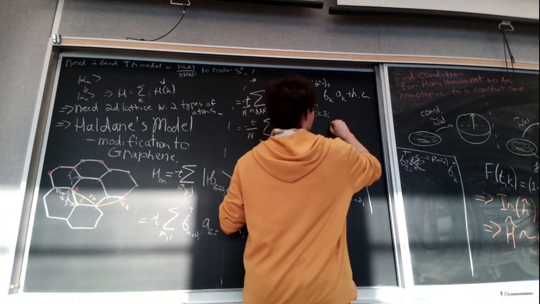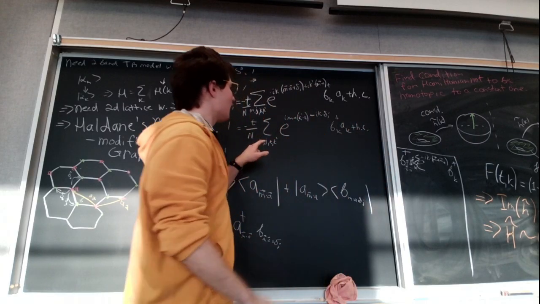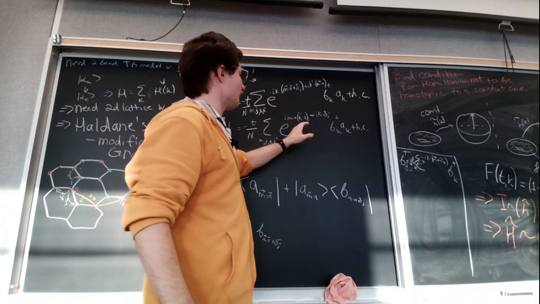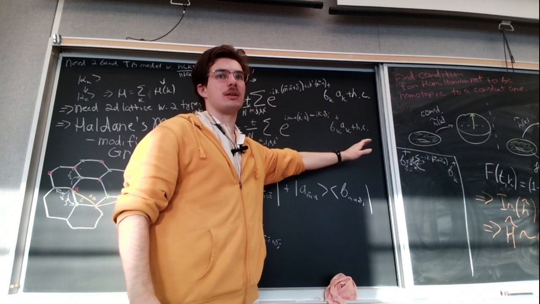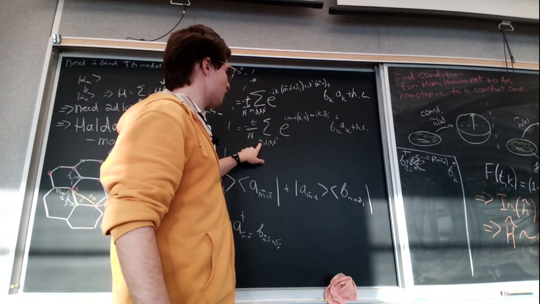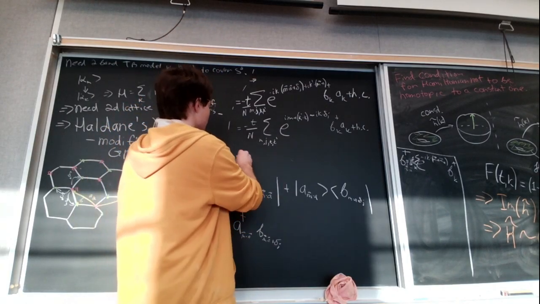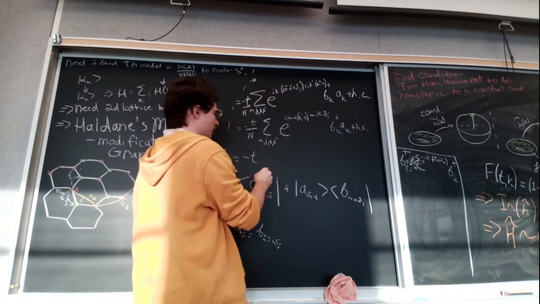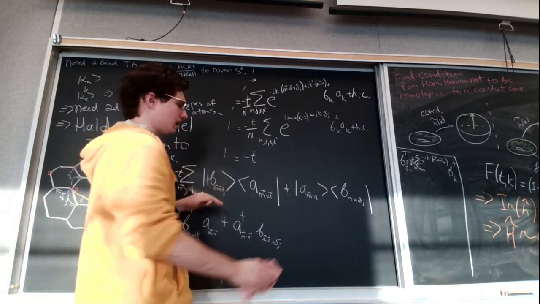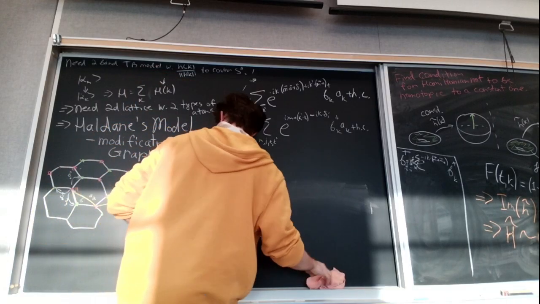And then times the same thing. Now I can do the sum over m, because the rest doesn't depend on m, and remember that gave me a delta function. Doing the sum over m sets k equal to k prime, and the 1 over n factor also goes away. Is it okay if I erase this line? I erased too much.